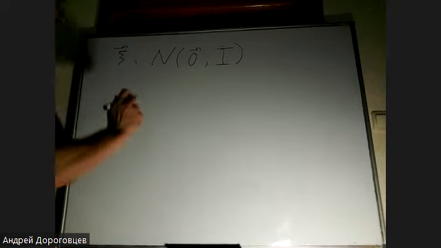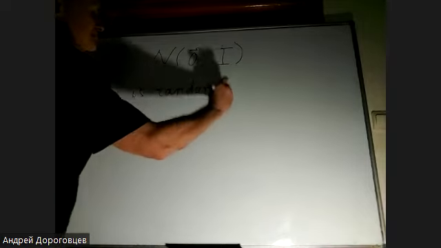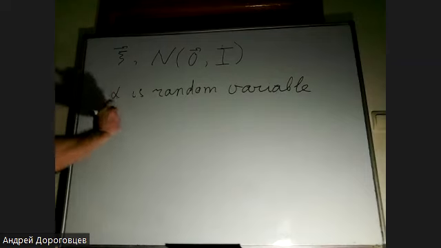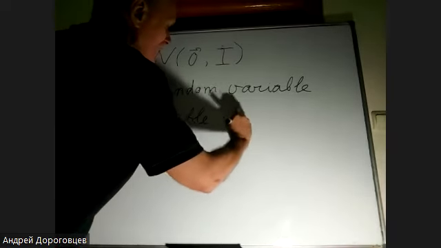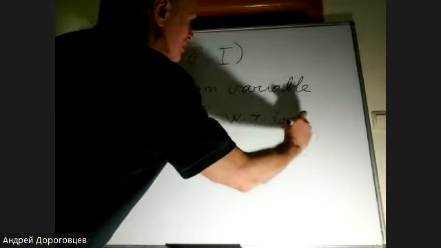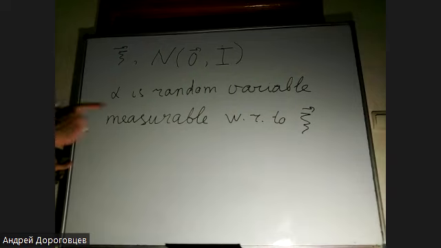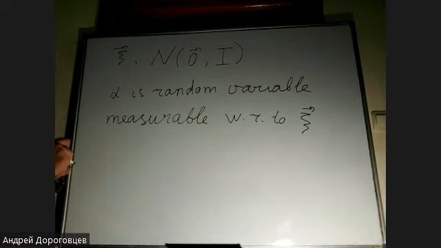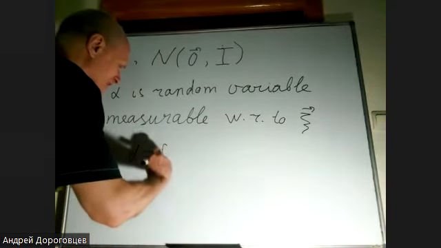We will consider random variables alpha, which are measurable with respect to xi, and then due to a well-known fact from probability theory, alpha can be represented as a function f of xi.